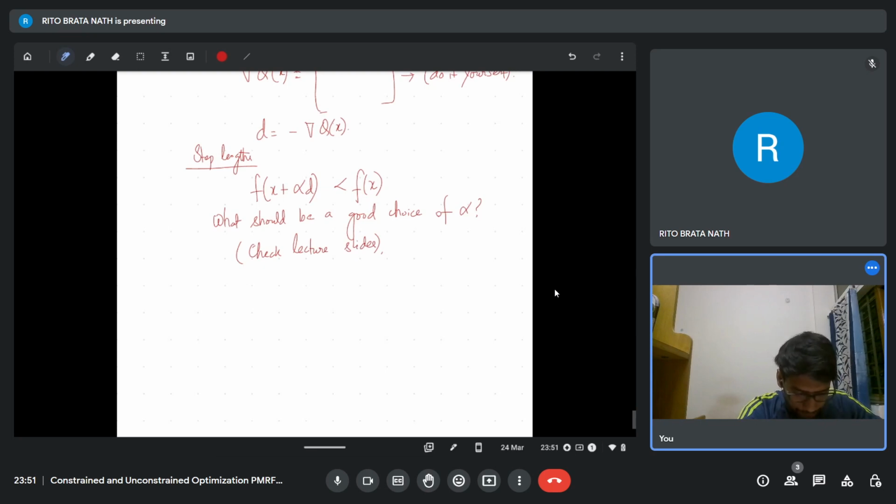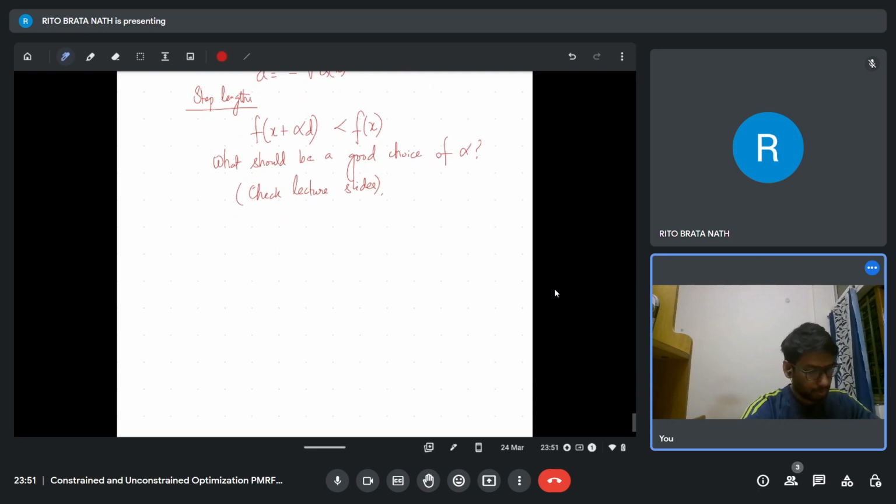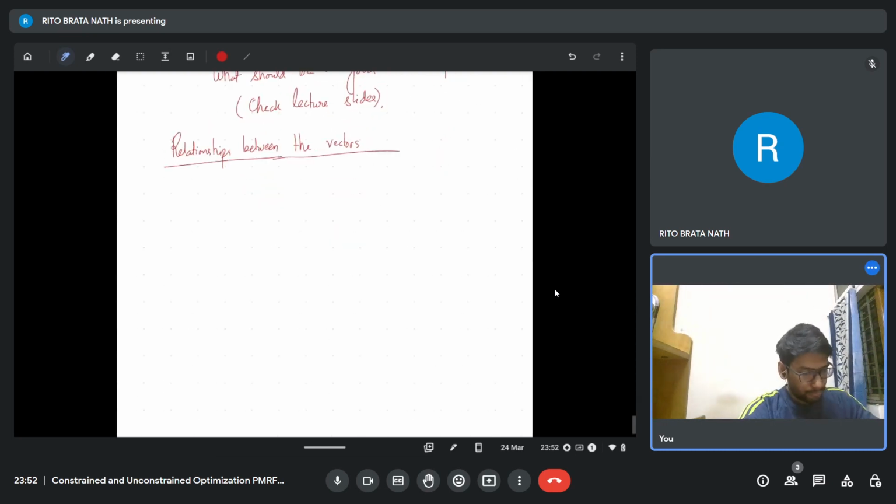Then steepest descent methods. So it's related to the points and the directions. Then it could be the relationships between the vectors. So I think that will be similar to the fourth problem. Here it's this and this.